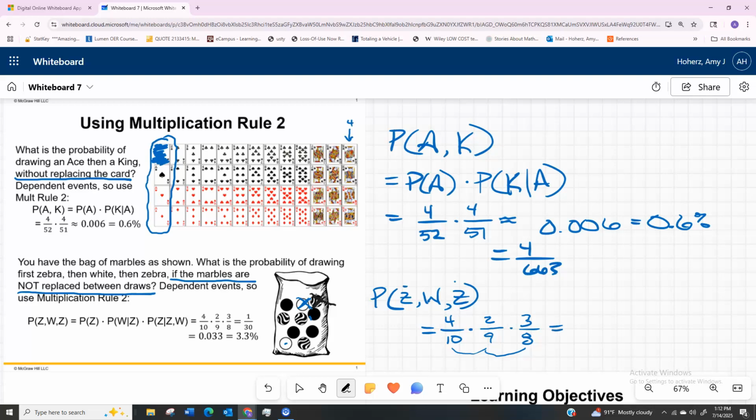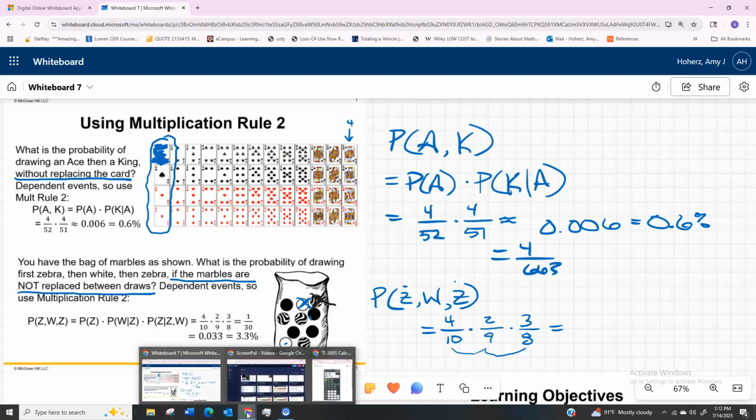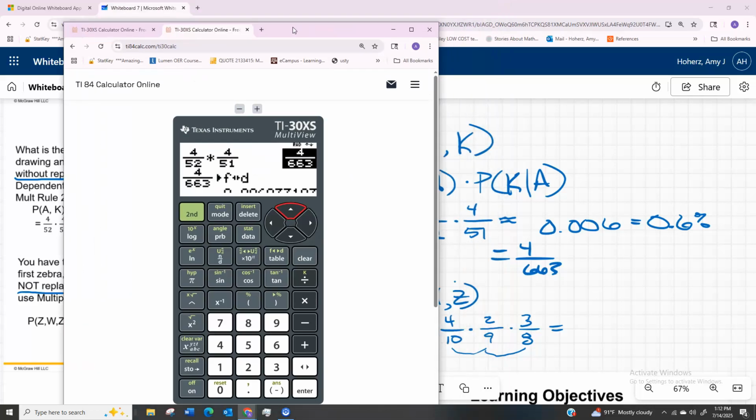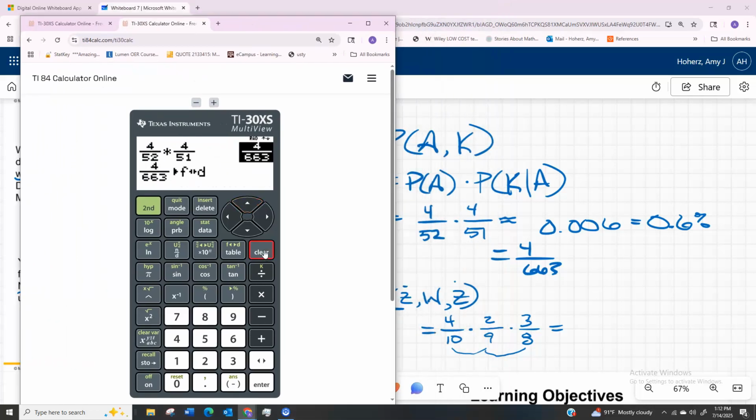So if we multiply those out, we're going to do 4/10 times 2/9 times 3/8, and we get 1/30 as the reduced fraction.